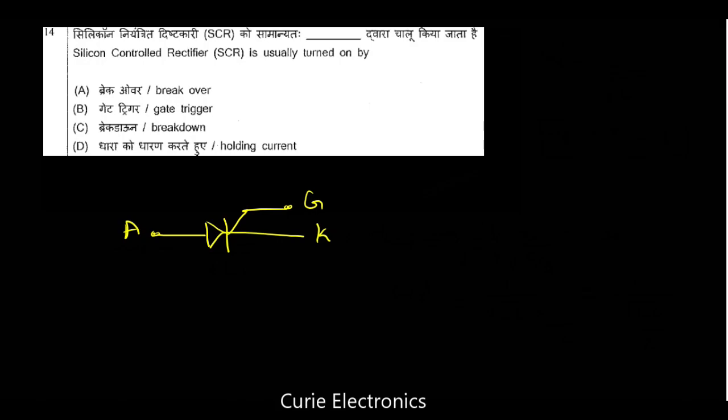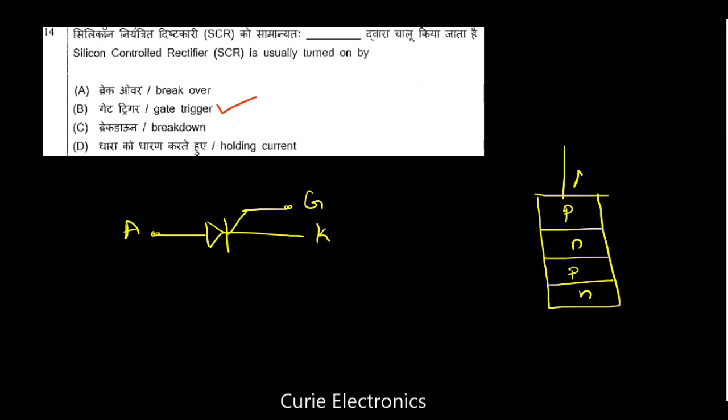By applying the gate trigger, we usually turn on the SCR. This SCR can be replaced with a PNPN device. And this is the anode, cathode and gate. So it has got how many junctions? J1, J2, J3. So 4-layer 3-junction device.